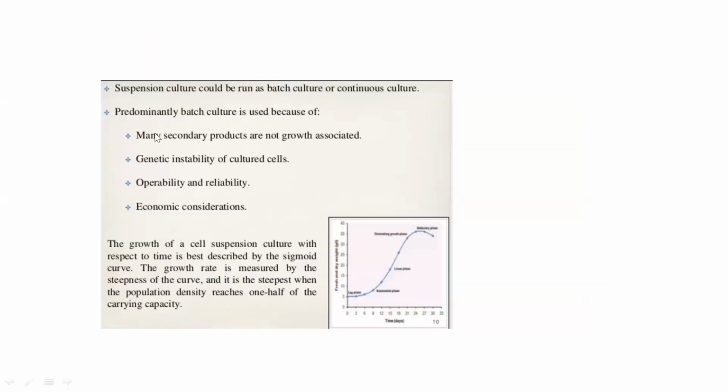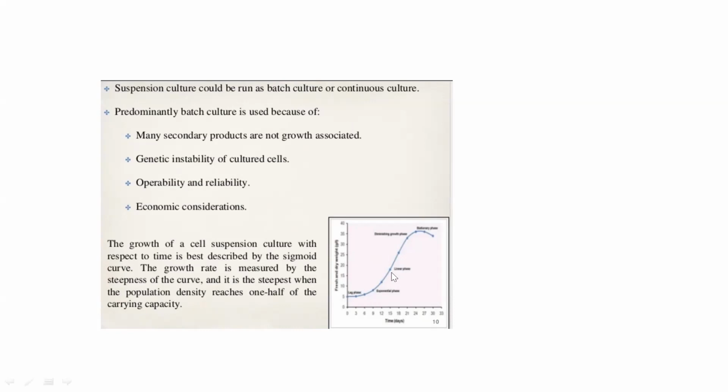When you talk about suspension culture, it is a liquid-based medium. The plant cells or tissues are suspended in a medium and given slow agitation for equal distribution of the nutrients, and you have batch culture or continuous culture. Batch culture has an S-shaped curve.